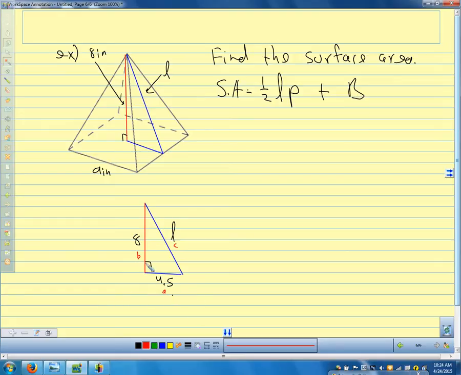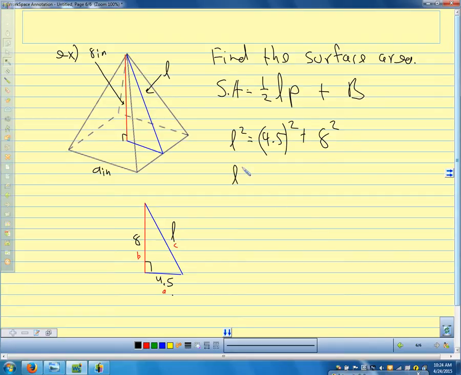This side is A, this side is B, this side is C. What always works for a right triangle? Pythagorean theorem. A squared plus B squared equals C squared. Always for right triangle. We have 2 sides, we can find the third side. So we know that L squared equals 4.5 squared plus 8 squared. That'll let us find L.